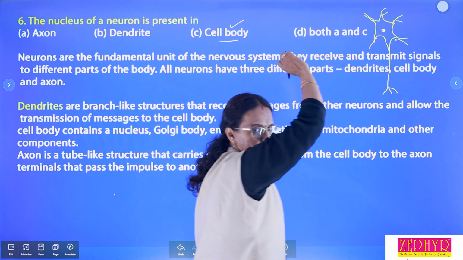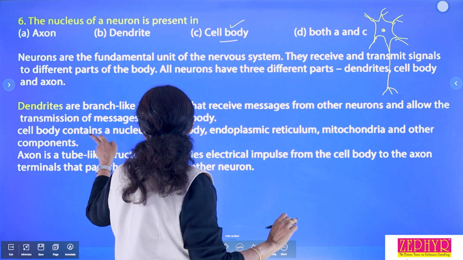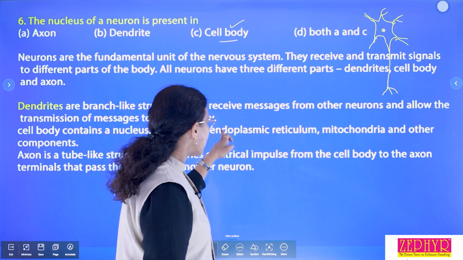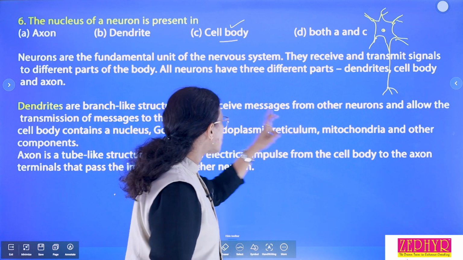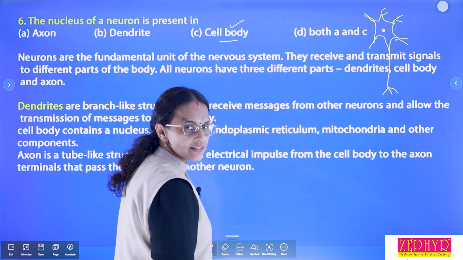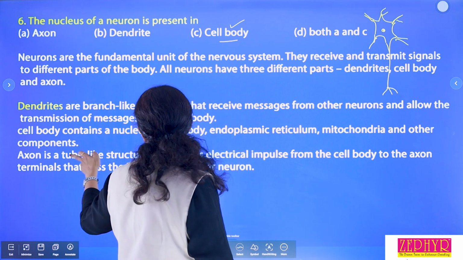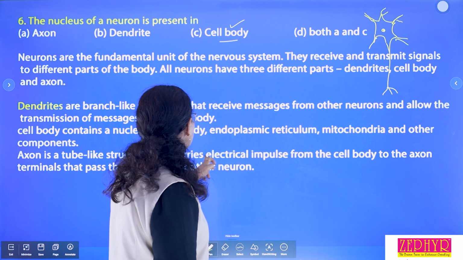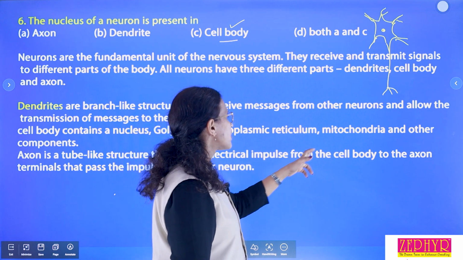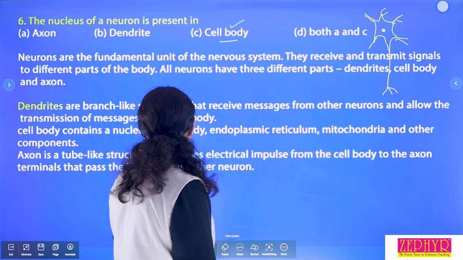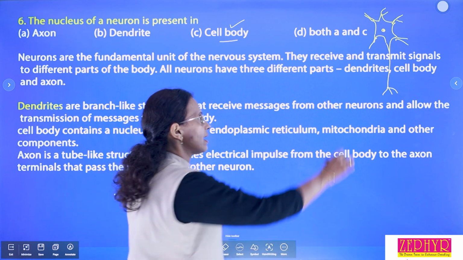Then cell body contains nucleus, Golgi apparatus, endoplasmic reticulum, mitochondria and other components. It is a eukaryotic cell, so all components are present in the cell body. Axon is a tube-like structure that carries electrical impulses from the cell body to the axon terminal that passes the impulses to another neuron.